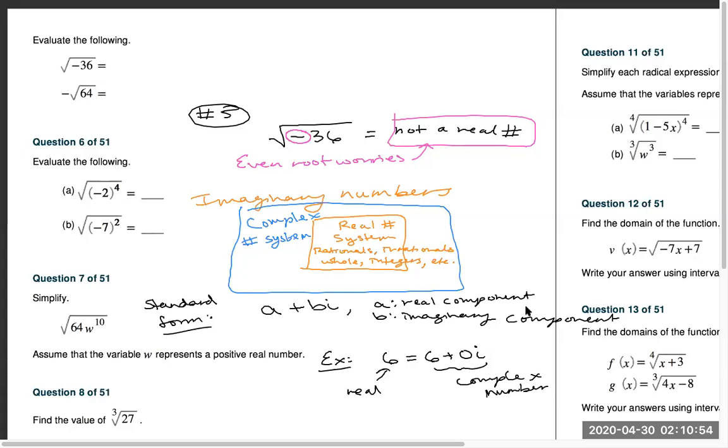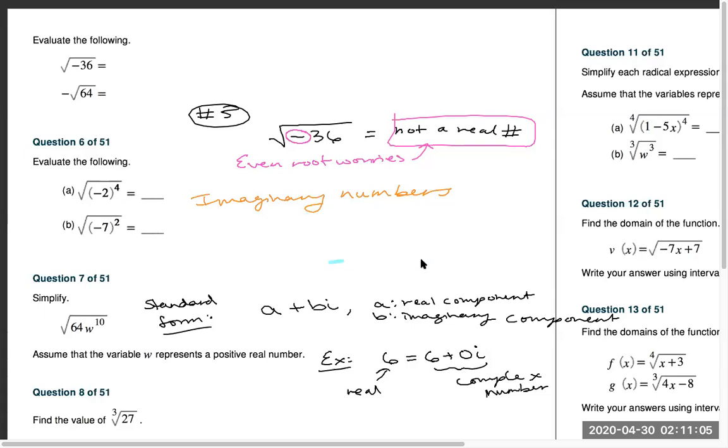Now with all that said, let's bring it back to what's happening here. The square root of negative 36 is going to come out to 6i, where i is equal to the square root of negative 1.